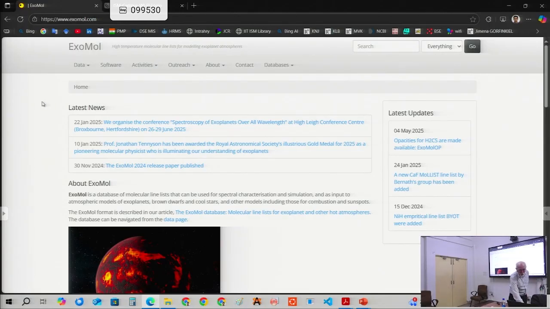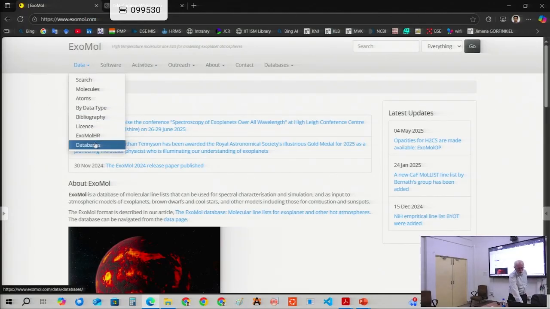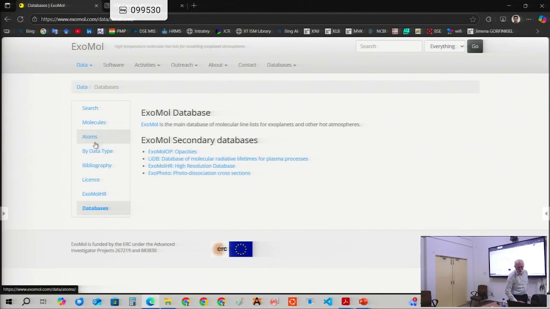And we actually have spawned databases. So we have quite a few databases now. In fact, we have one more than listed here, because we've been generating new ones. But the main XML database is all I'm going to talk about here. So we have opacities, radiative lifetimes, high resolution data, photo dissociation data. We have a new one on atoms, which is there but not publicly visible, and just writing one on cooling functions.